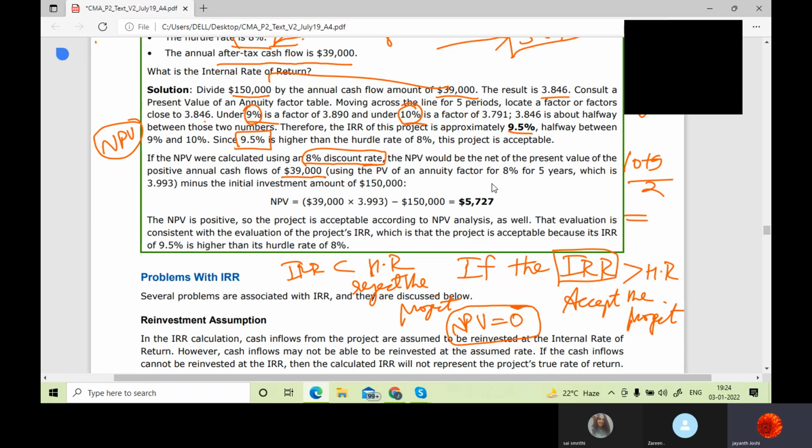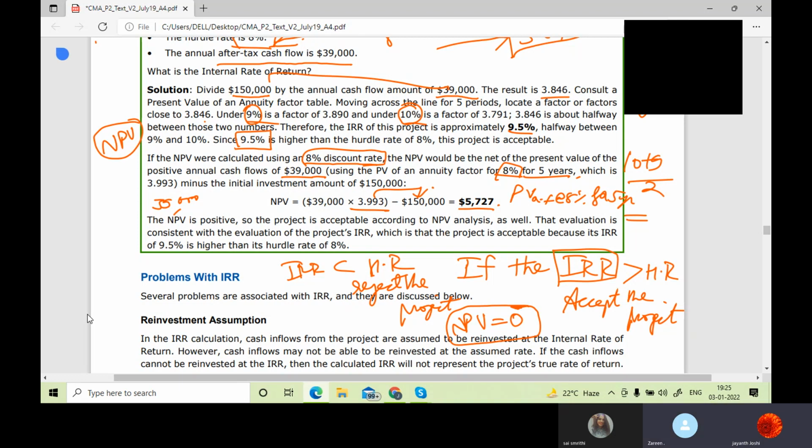We take 8% as our discount rate and find the annuity factor of 8% for 5 years, that is PVAF at 8% for 5 years, which is 3.993. After deducting 1,50,000, we get 5,727. Is it positive NPV or negative NPV?